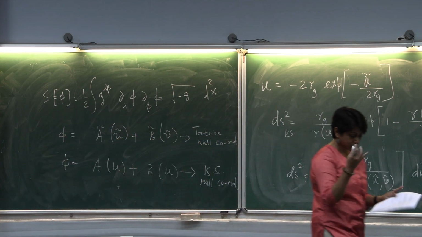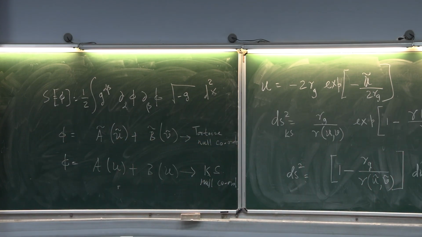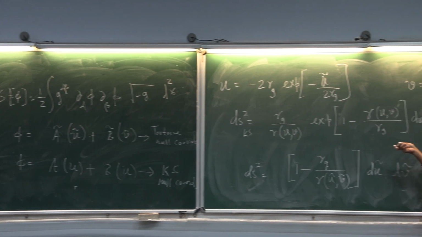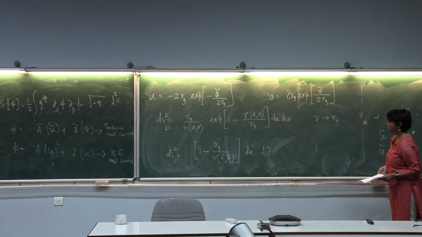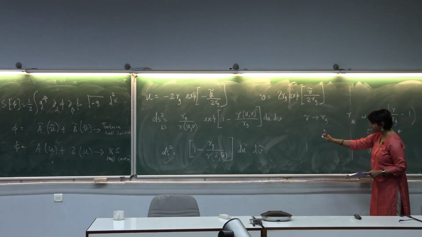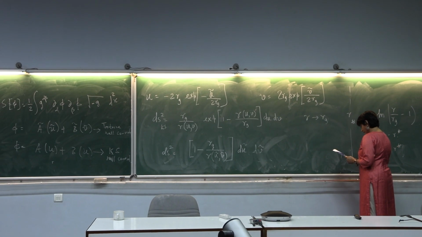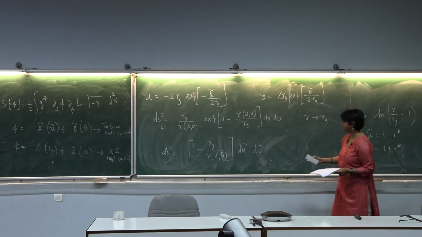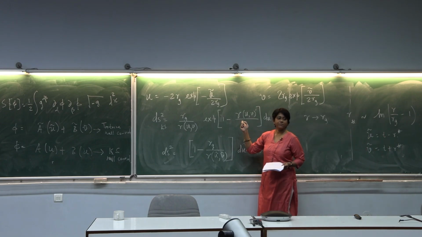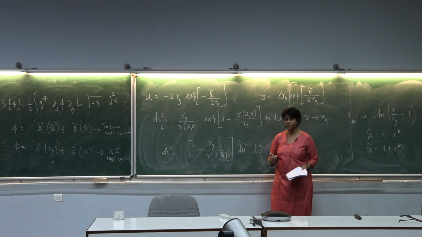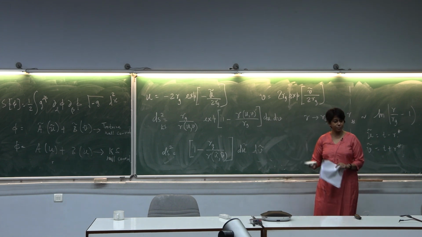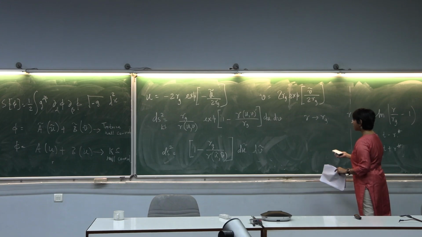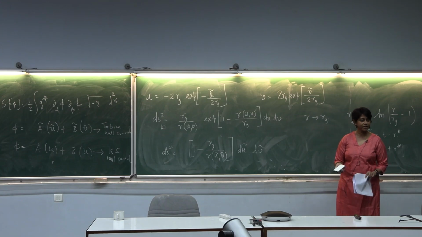So in case of tortoise coordinate, when I write down this in terms of t and r star, this particular metric can be reduced. I mean, if I take for an asymptotic observer condition, please try to understand. If I would not be able to cover the whole stuff, at least let me motivate to the Boulware vacuum.